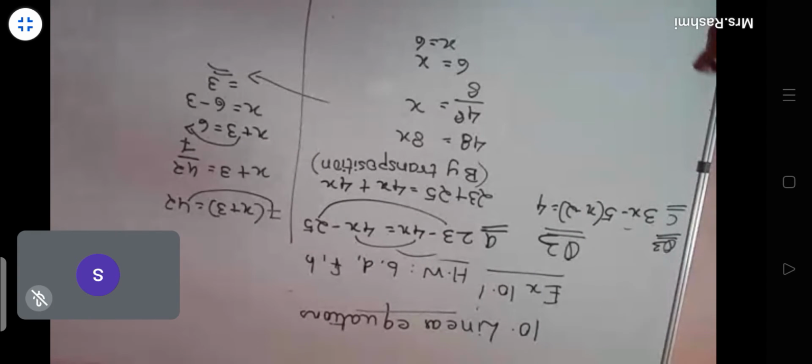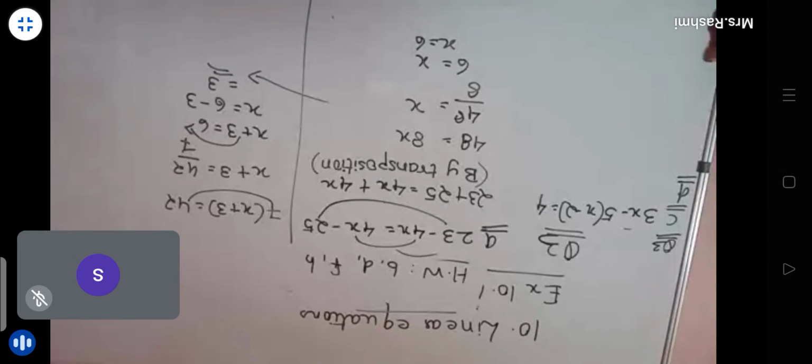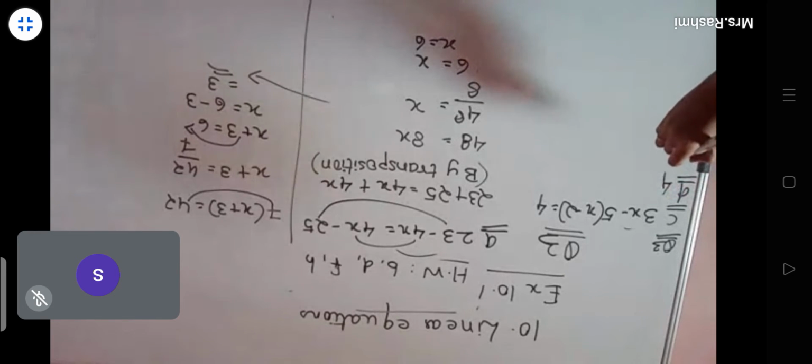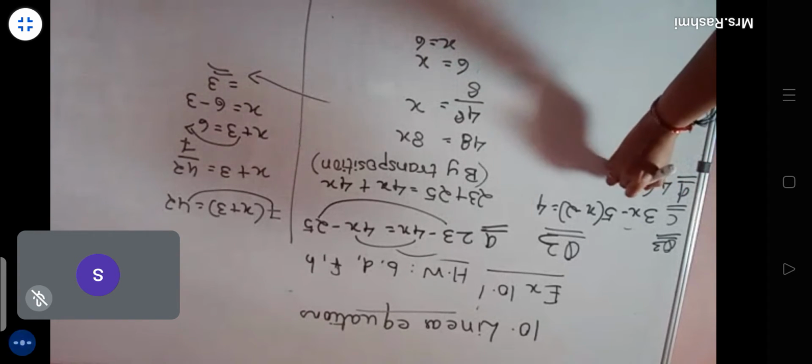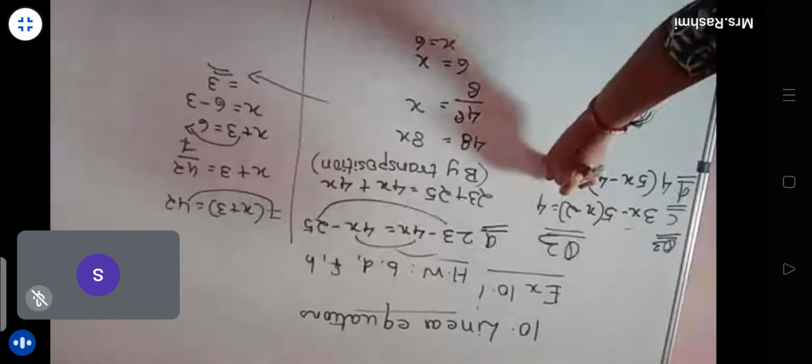Ma'am, in the new book it is 2x. So you make the changes. Ma'am, it is different in the old book. It is 0 is equal to 18 minus 9 bracket m minus 2. You just write down the sum.